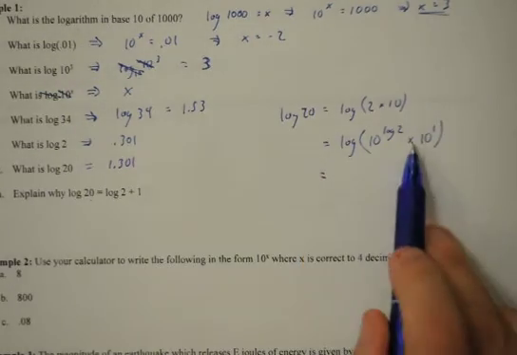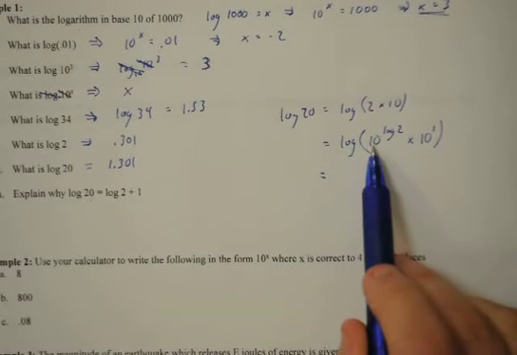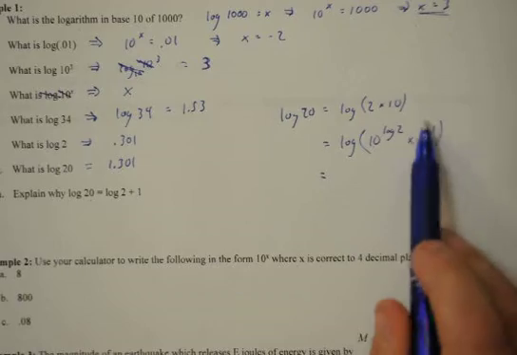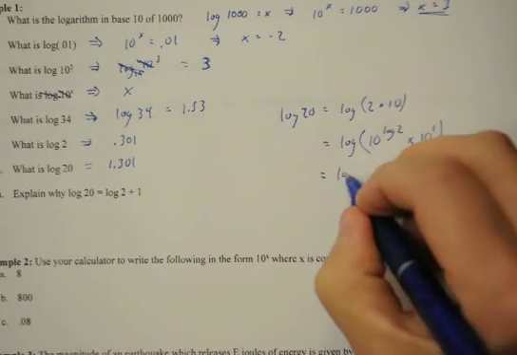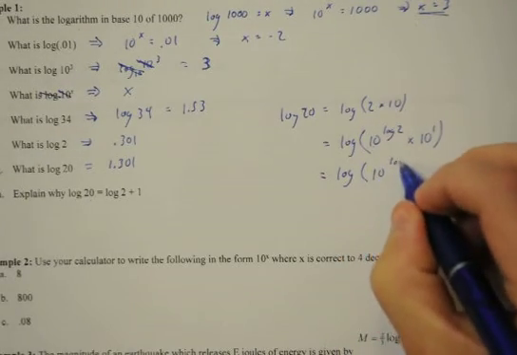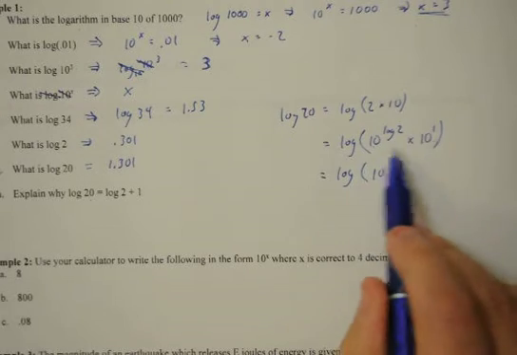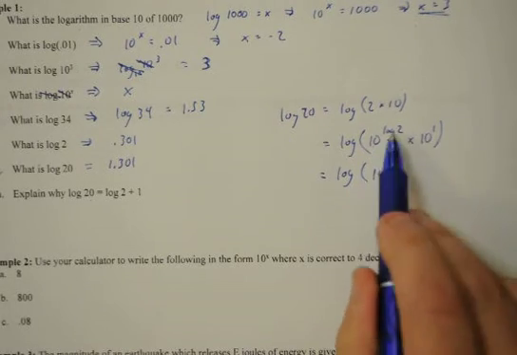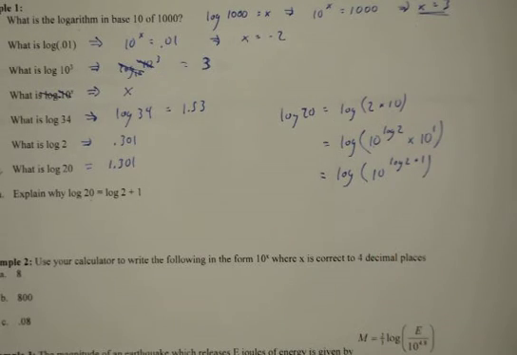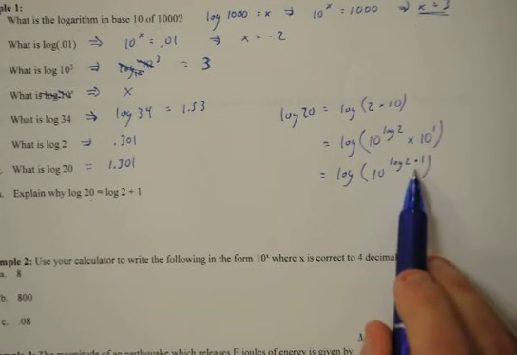Okay, so now we've got 10 as a base for this exponent. We've got 10 for a base to this exponent. And now we can combine the exponents using the exponent laws from the past lesson. When you multiply exponents with the same base, you add the exponents together like that.